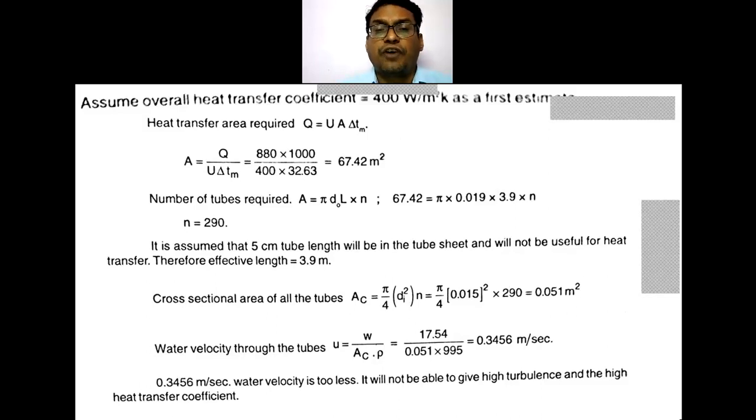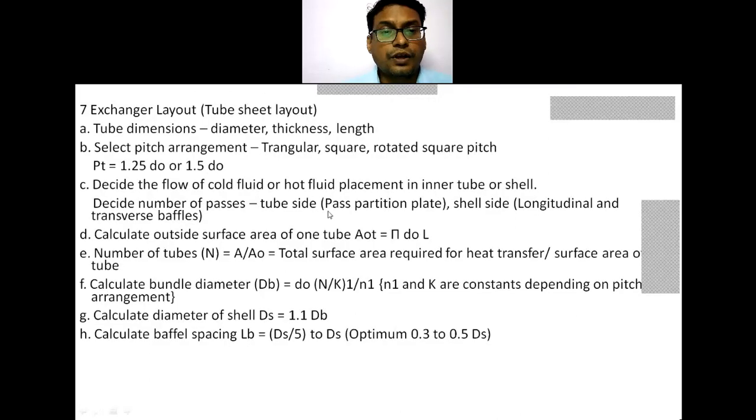The number of tubes required: number of tubes equals A upon A0, that is the total surface area required for the heat transfer upon the surface area of the individual tube.